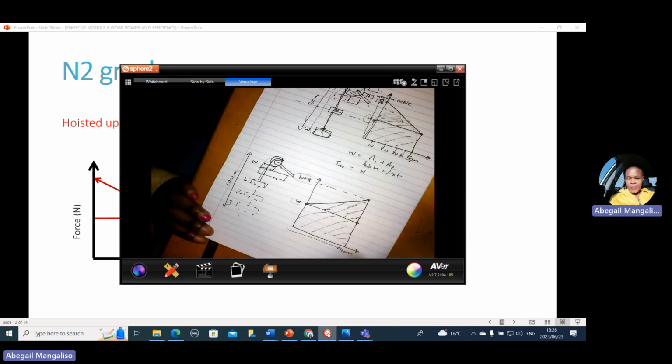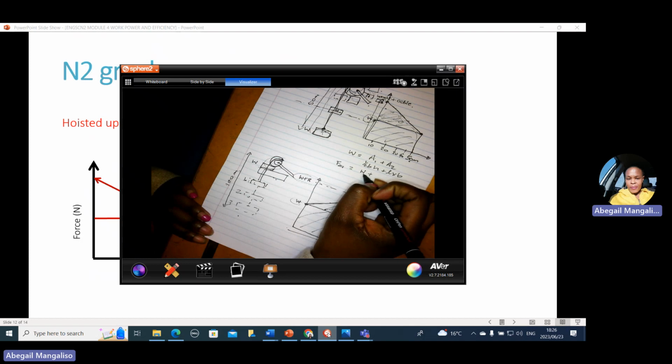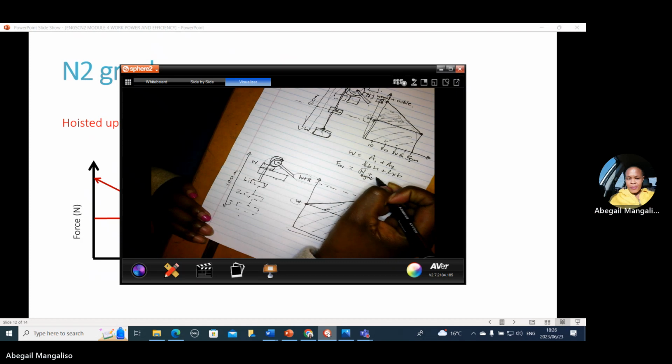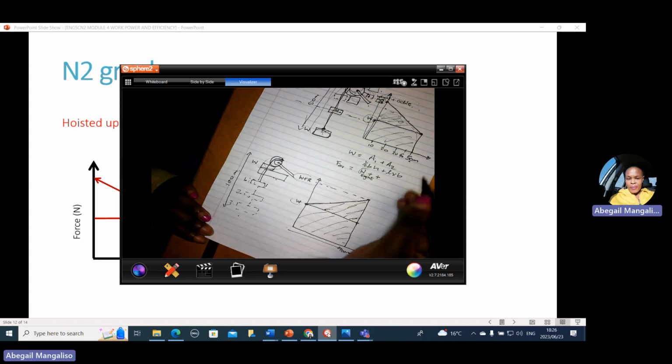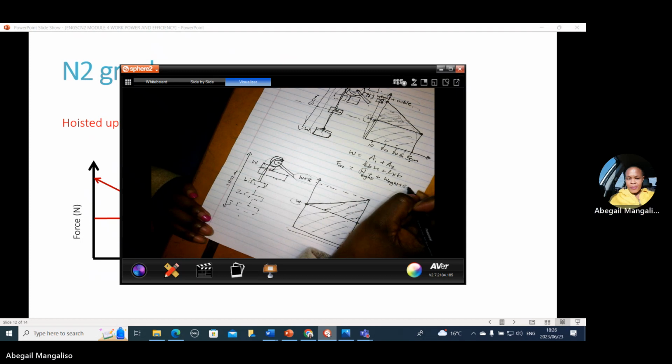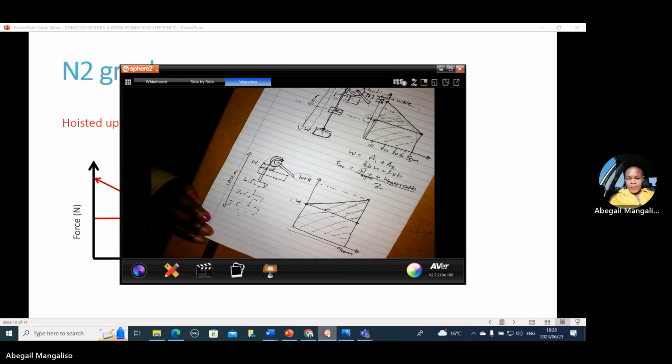So we can call this one the weight, not the work done, it's the weight. Plus, this one will be the weight plus cable. So it will be W for weight plus the cable. Then since we are looking for the average, we divide this by 2. It will give us the average.